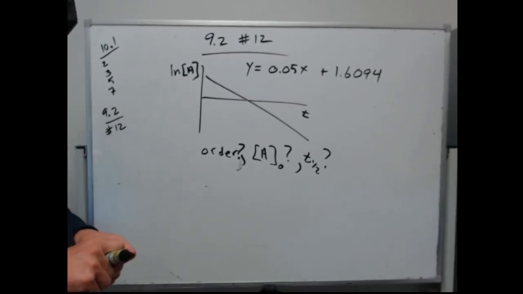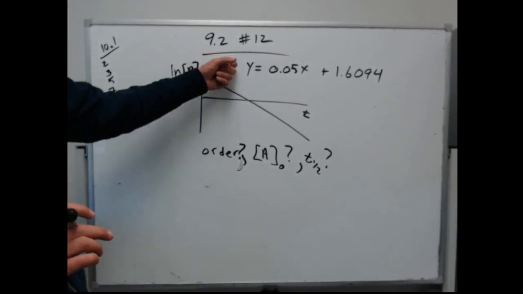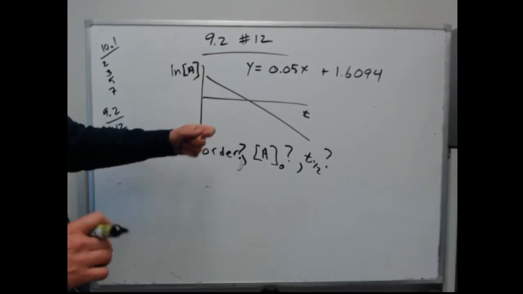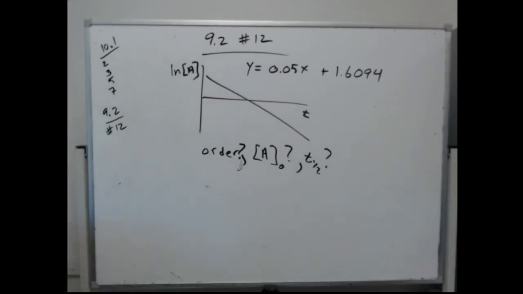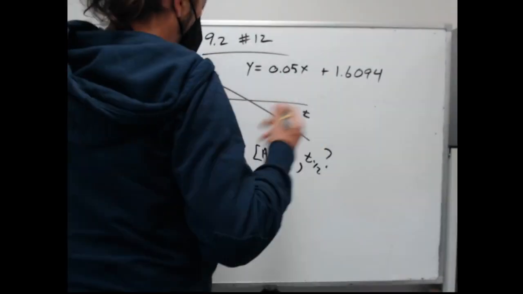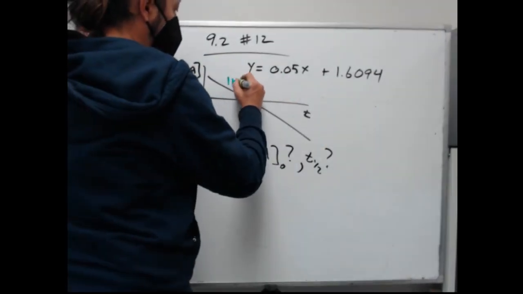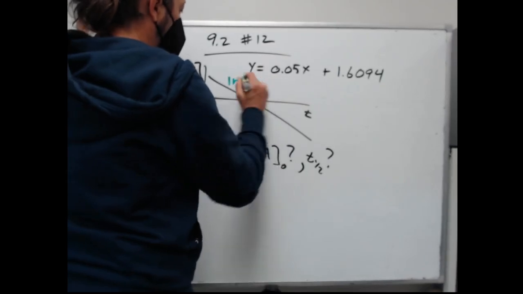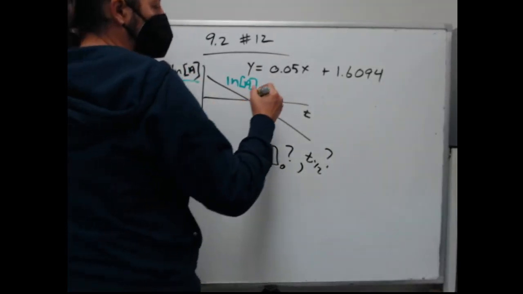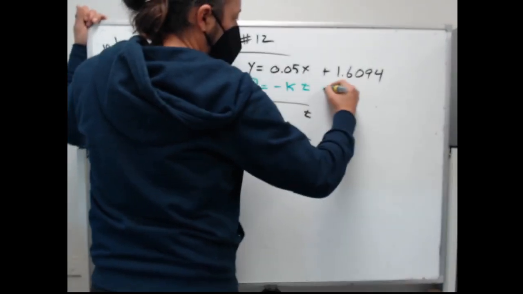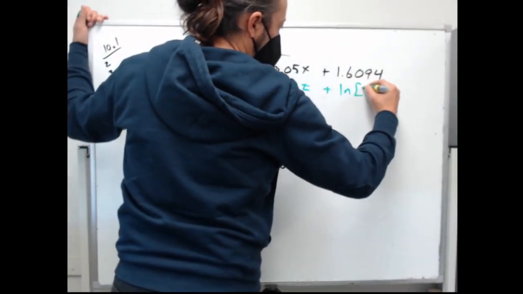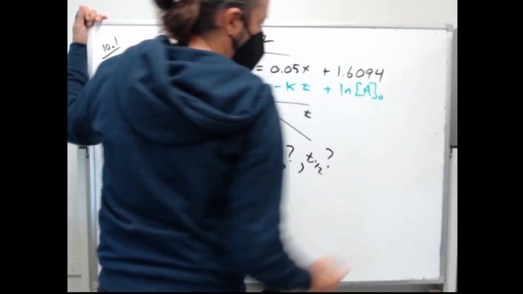We can get a lot of this by understanding how this equation and this graph relate to the integrated rate laws. So we can write down the integrated rate law underneath this, which is going to be natural log of A. We can tell because that's our y value, is equal to negative kt plus natural log of A0.